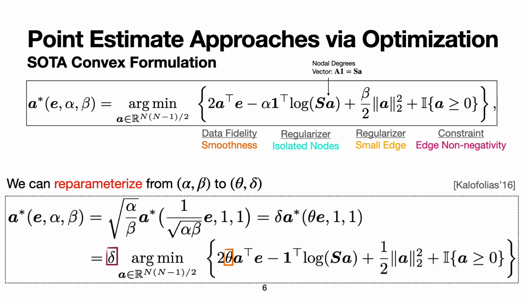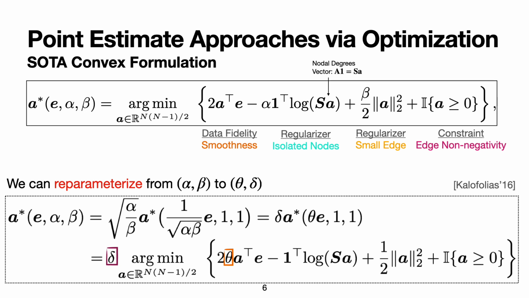Kalofolias again introduced this equivalent reparameterization from the alpha-beta formulation to a new parameterization, which we call the theta-delta parameterization. The important point, if you look at the very bottom expression, is that by doing this we have separability in the structure of the optimization problem.